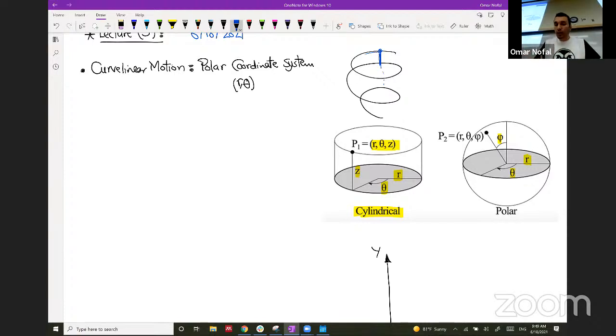So we will be using R and theta, and it should be the same if you neglect the Z from here and the phi from here, so you will still have R and theta, because most of the motion will be circular motion or in-plane motion. So all you need is just R and theta.